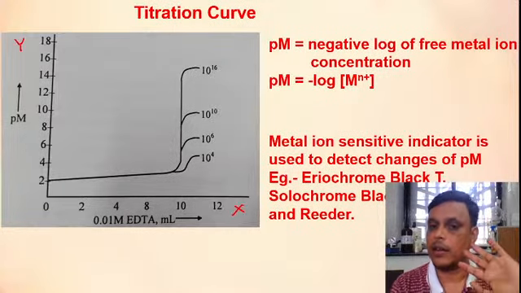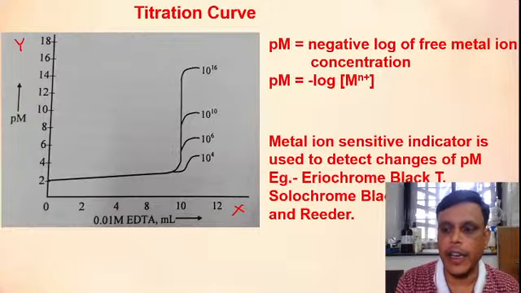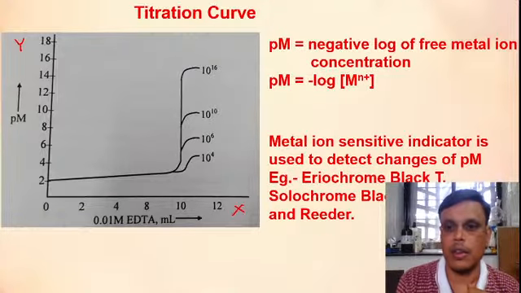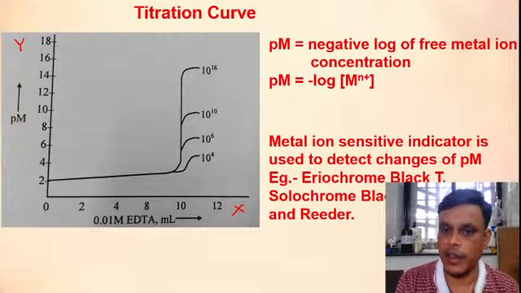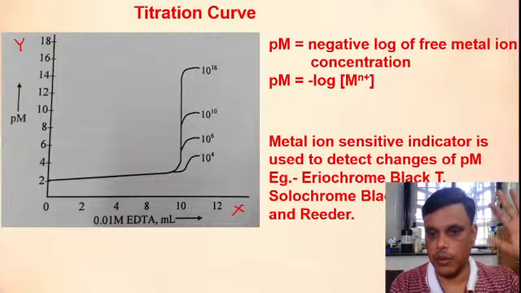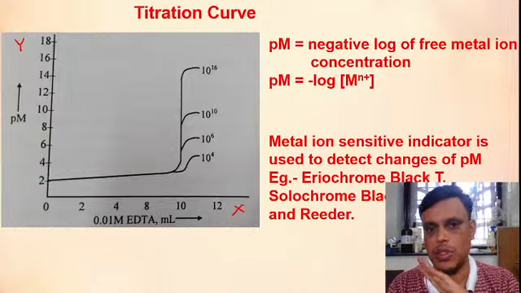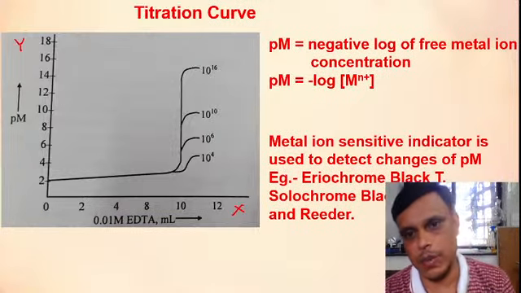Here we are not monitoring the pH, we are not monitoring the concentration of H plus ion. So normal indicators are not used. Those indicators we used in neutralization titration are not used in complexometric titration. Please remember this.